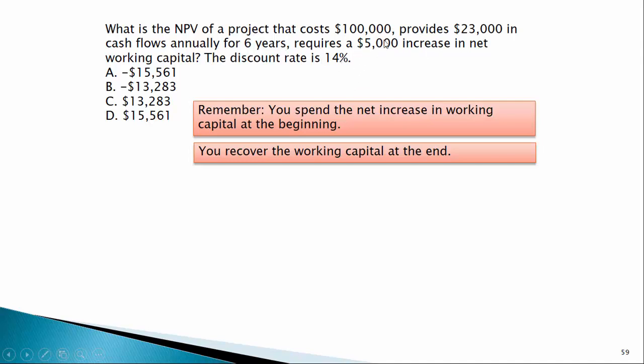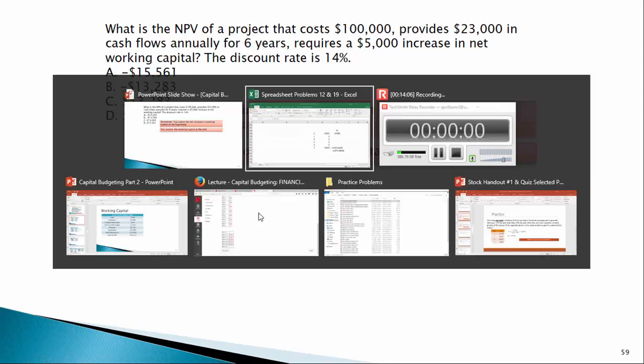So in this case, it requires a $5,000 increase in net working capital, and it doesn't say anything else about net working capital. So you can assume that you spend the $5,000 at the beginning at time 0, and you recover the $5,000 at the end. And the project makes $23,000 a year for you over 6 years. So let's just talk about that.